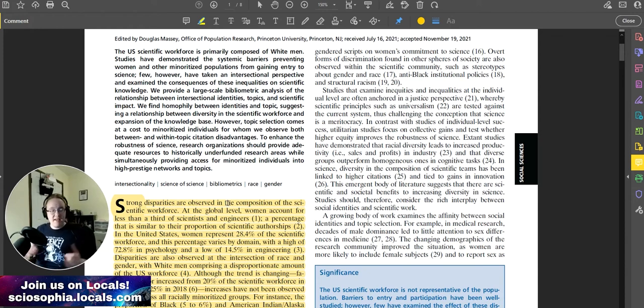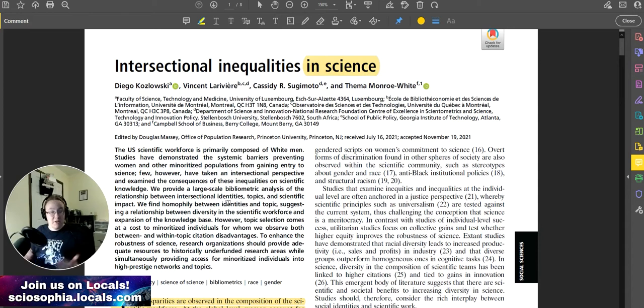They say "in science" with this article. The opening here says intersectional inequalities in science, and so you would think they were talking about all of the many scientific disciplines that there are. Think in your head really quickly about the tremendous number of scientific disciplines and subdisciplines that exist.